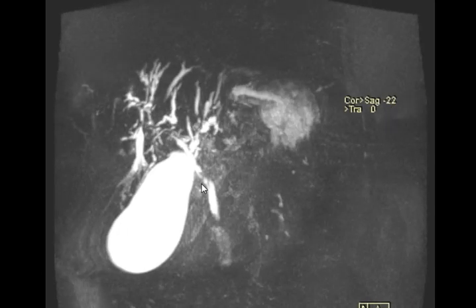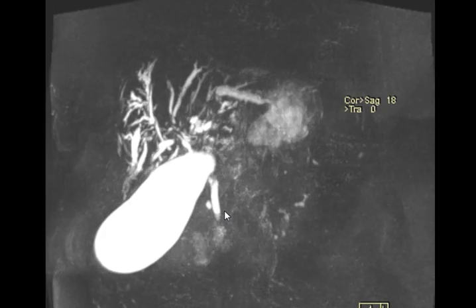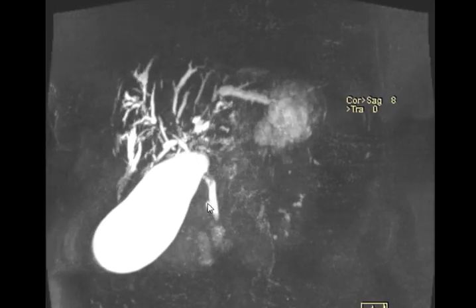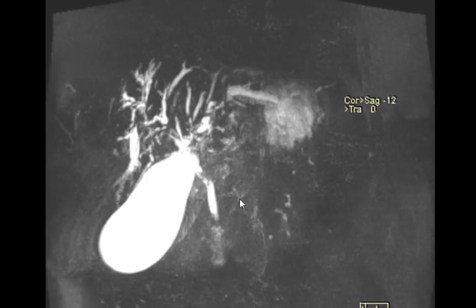So, now, what do you think? There's no pancreatic duct seen, so it's not dilated, not affected, let's say.